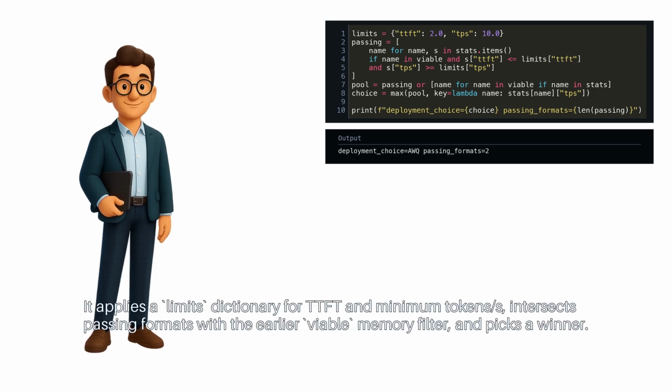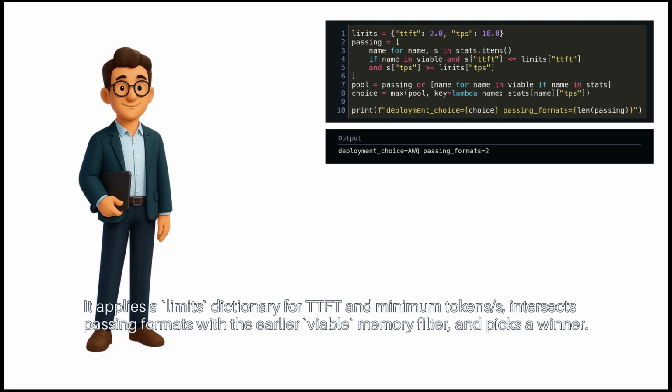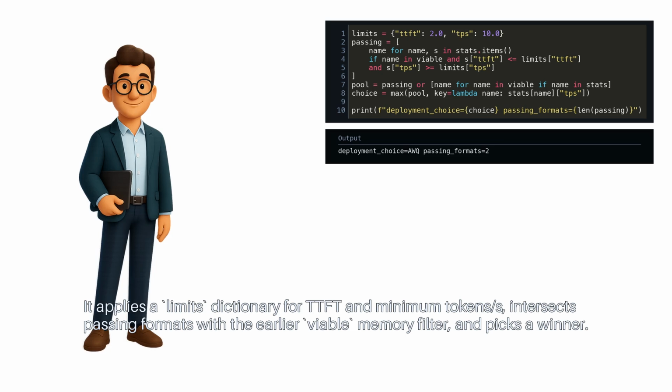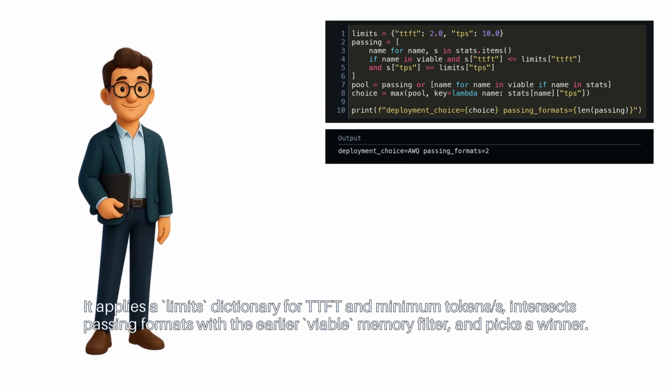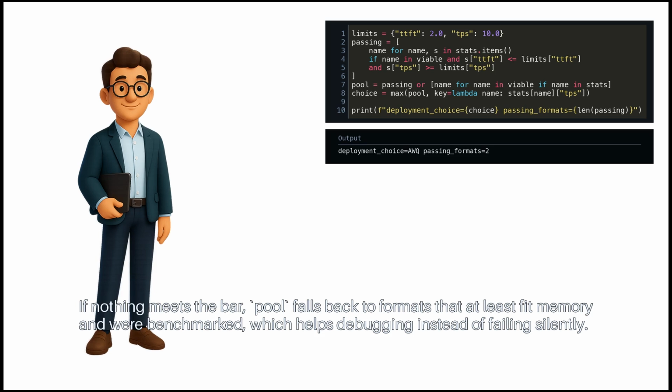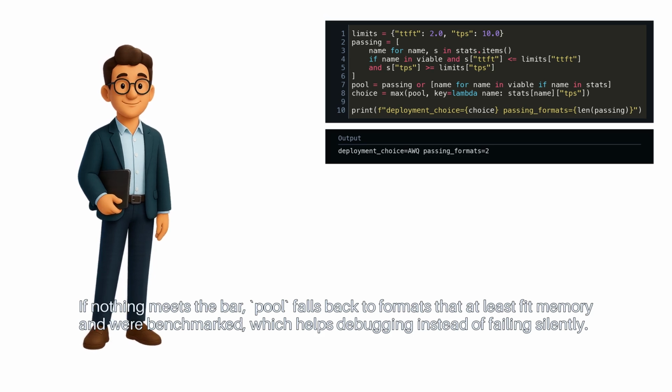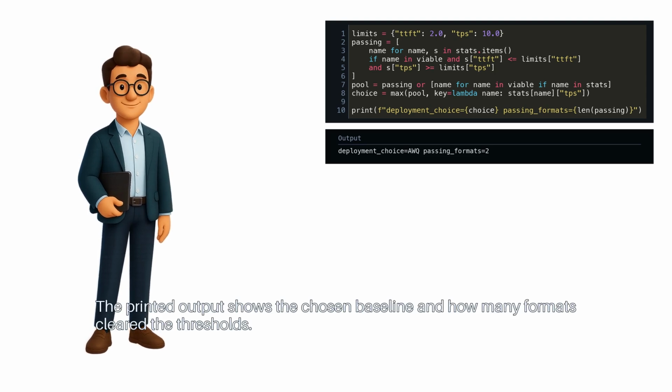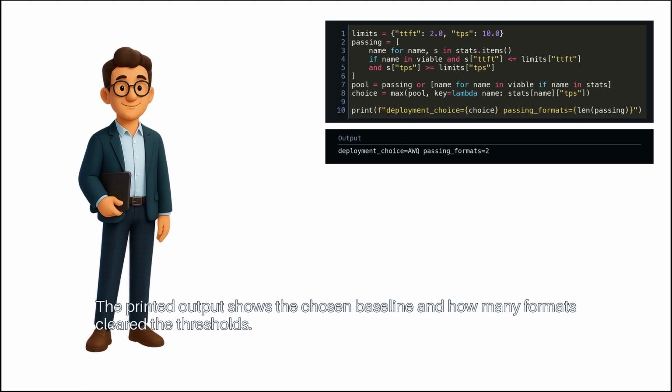It applies a limits dictionary for TTFT and minimum tokens per second, intersects passing formats with the earlier viable memory filter, and picks a winner. If nothing meets the bar, the pool falls back to formats that at least fit memory and were benchmarked, which helps debugging instead of failing silently. The printed output shows the chosen baseline and how many formats cleared the thresholds.